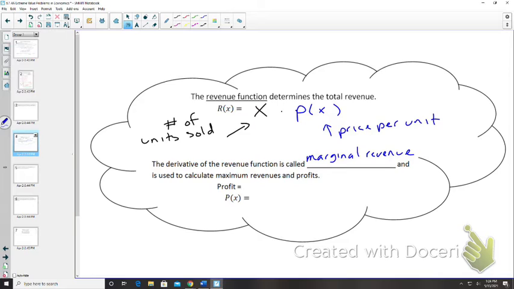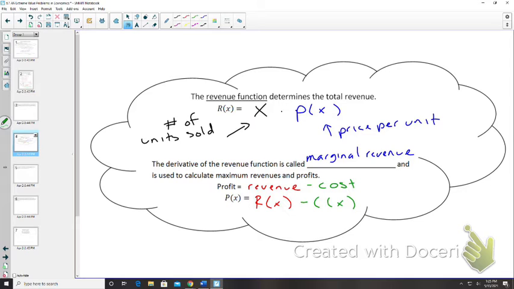We just looked at the revenue function, and now we're going to talk about profit. Profit is equal to the revenue, the money generated from the sales, minus the cost it takes to produce those goods. The revenue function is R of x, and the cost function, which we talked about in the last example, is C of x.